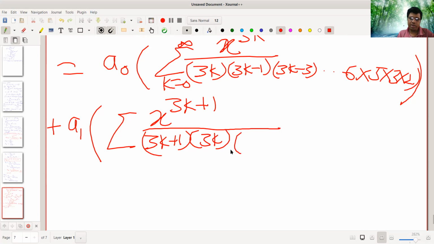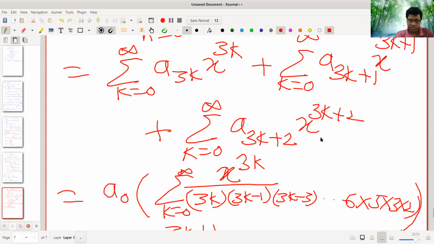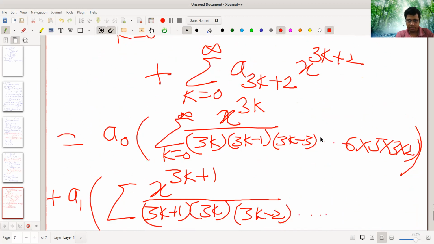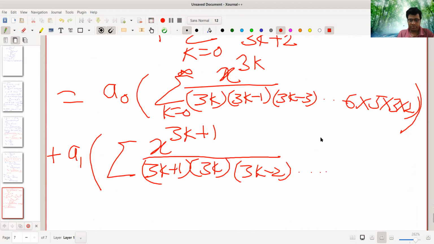Then we have 3k minus 2. Then we will have 3k minus 3, again gap, and so on. Then we have 7, 6, 4, 3. 7, 6, again gap, 4, 3. K is from 0 to infinity.